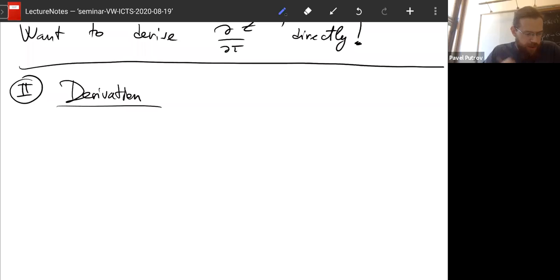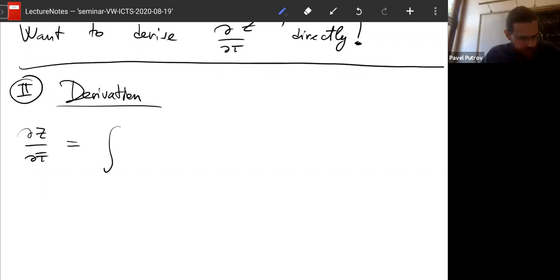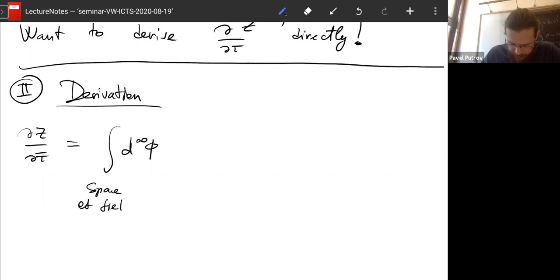Okay, so we want to derive the anti-holomorphic derivative directly. As already briefly mentioned, this can be explicitly written down as the following integral over the space of all fields on CP2.